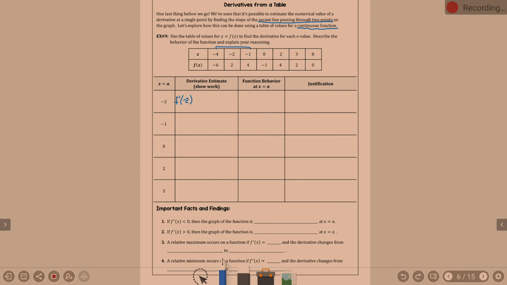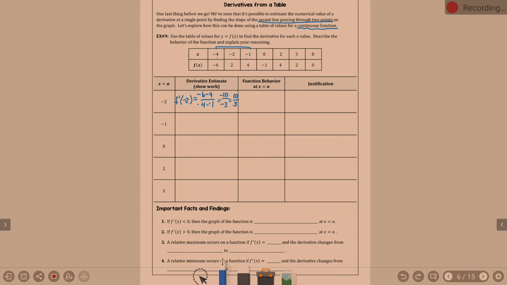Now, think slope. y minus y, I'm going to say -6 minus 4, over x minus x, -4 minus -1. Oh my god, I'm so sorry, guys. 10/3.